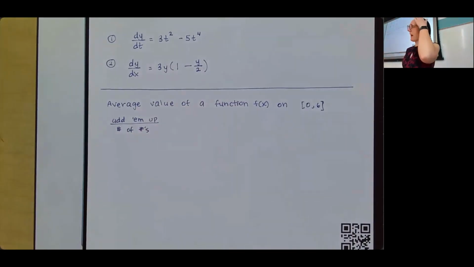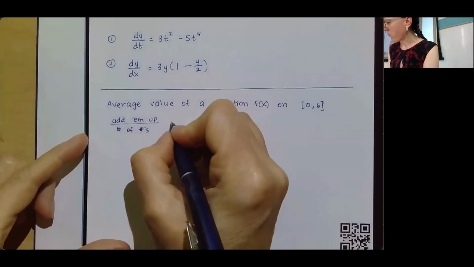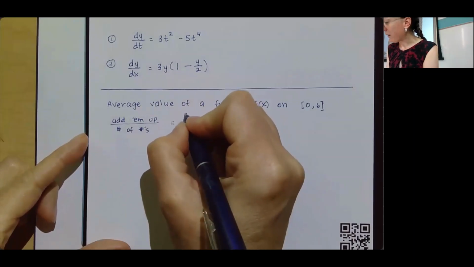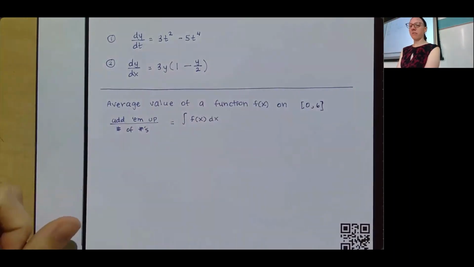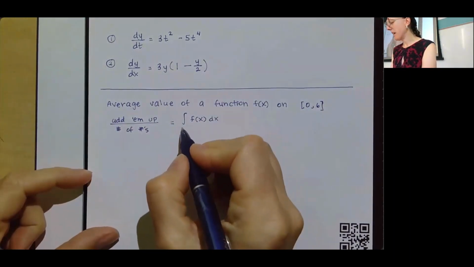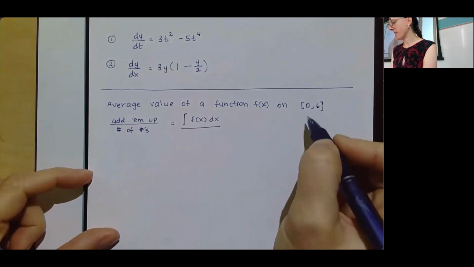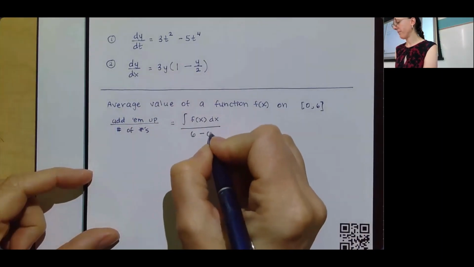What that looks like calculus style is that the add them up part means I'm going to add up, using an integral, all of our values of f of x, and dividing by the number of numbers means dividing by the width of this interval.